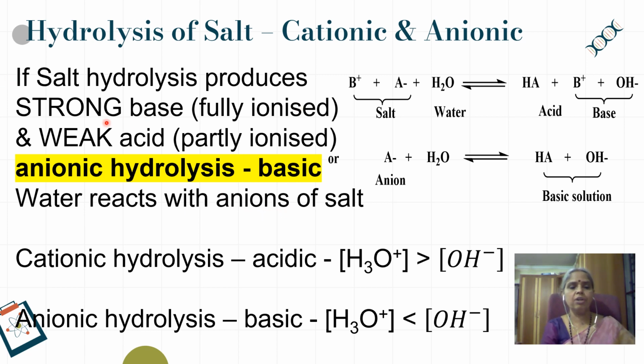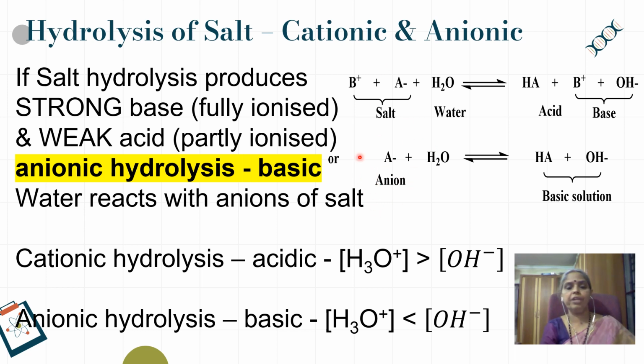If salt hydrolysis produces a strong base which is fully ionized and a weak acid which is partly ionized, this hydrolysis is called anionic hydrolysis, and anionic hydrolysis leads to the formation of a basic solution. Water reacts with anions of salt. You can see here, the anion is reacting with water. Water is reacting with what?